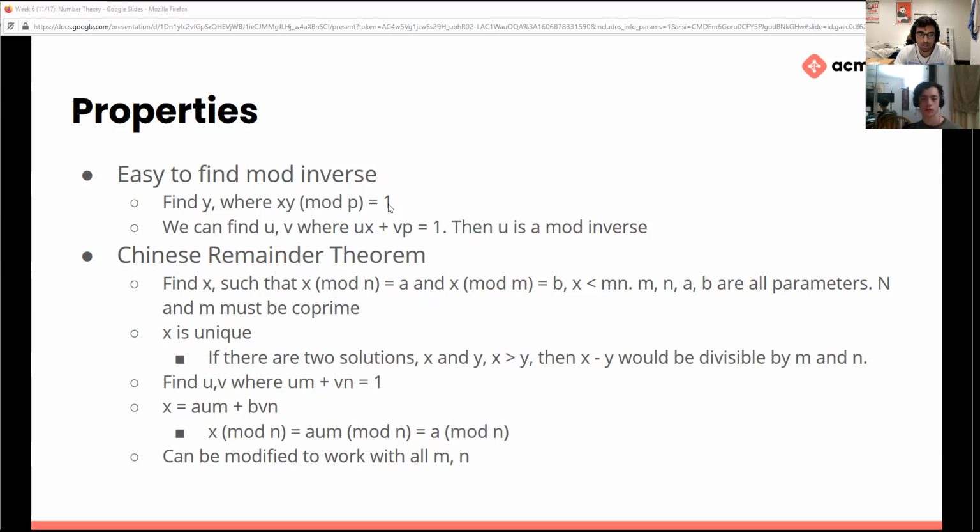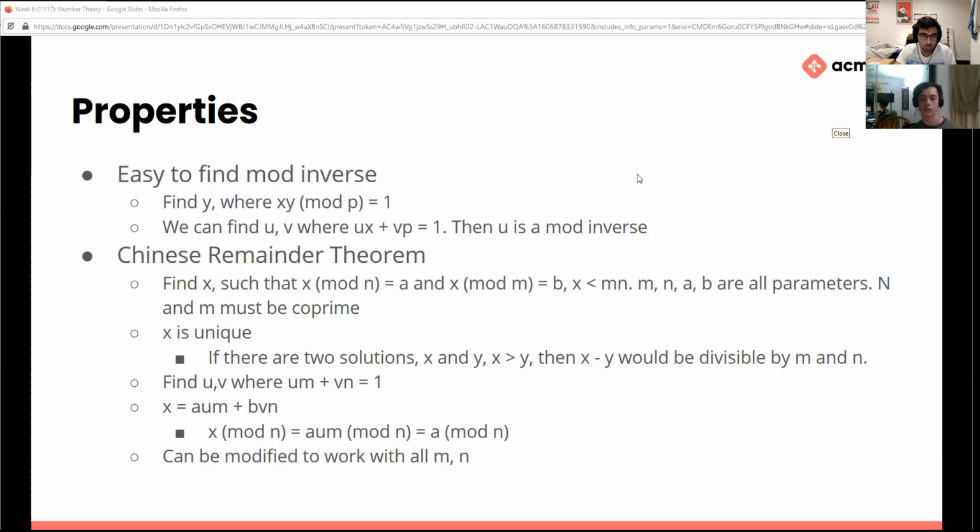It's probably the same runtime, since when you raise something to the power of a number, you can do it in log n steps. So it's probably around the same.